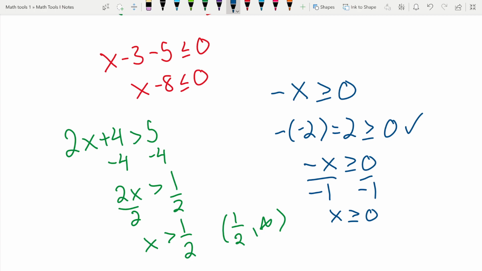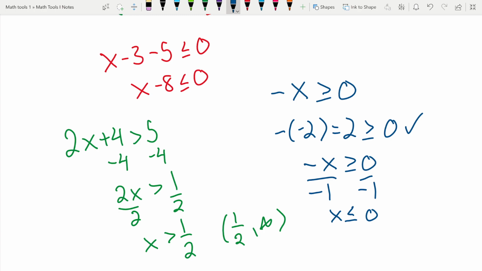So what's happening here is when we're dividing by a negative, we need to flip the sign in order to account for this discrepancy. Same thing with multiplying by a negative, because multiplication and division are really the same umbrella of operation. So when we're multiplying or dividing by a negative, we need to flip the sign in order to maintain the inequality.